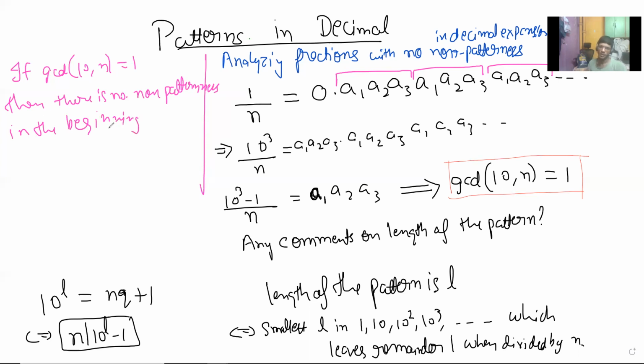We have seen that if there is a pattern right from the start, then n doesn't have 2 or 5 as factors, it's coprime to 5 and 2. Now the reverse we need to show: if it is coprime, then there is no non-patternness. That is the converse.